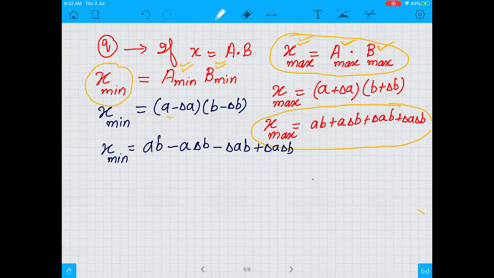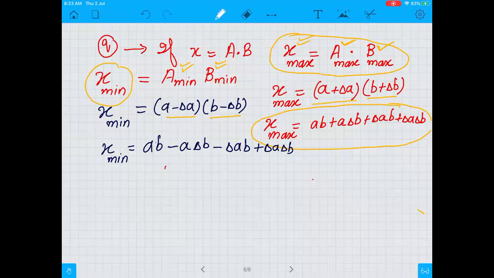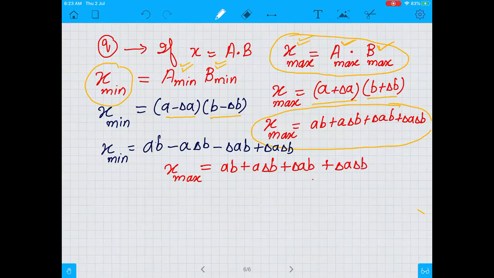So x minimum would be the product of minimum value of A and minimum value of B, and x maximum will be the product of maximum value of A and maximum value of B. As you see, the maximum value of x was AB plus A delta B plus delta A B plus delta A delta B. So this is the maximum possible value of x.